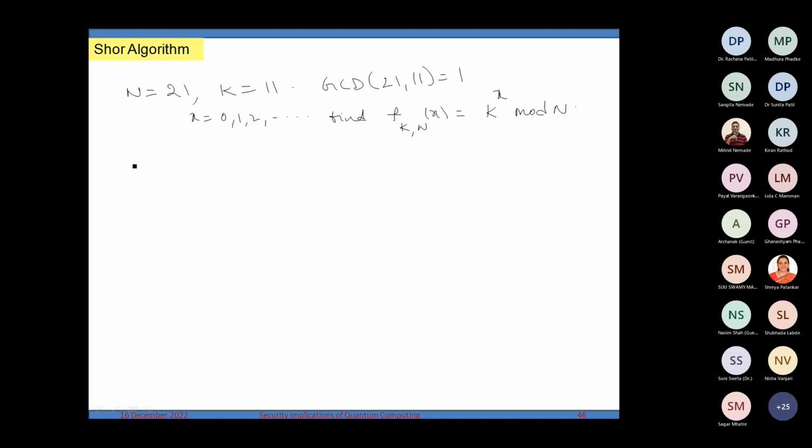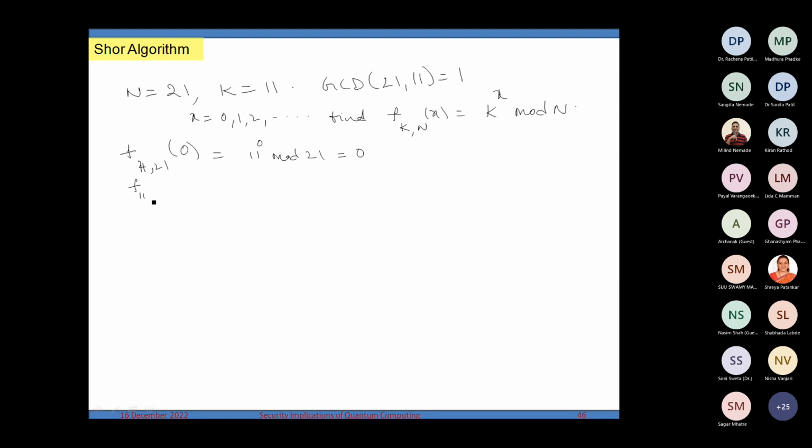Now let us start with f of 11, 21 of 0. Your k value is 11 power 0 mod 21 is, sorry, 1.